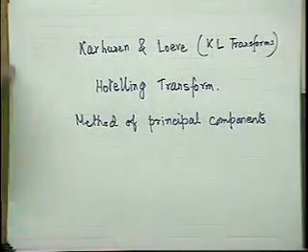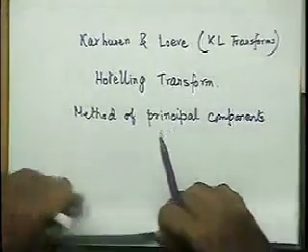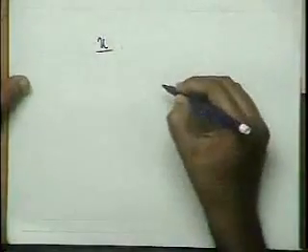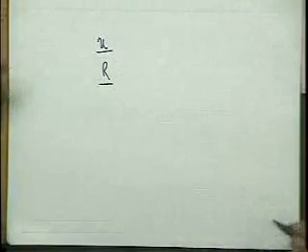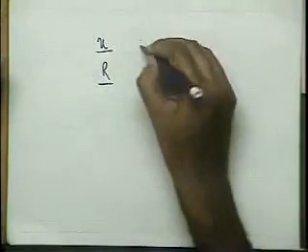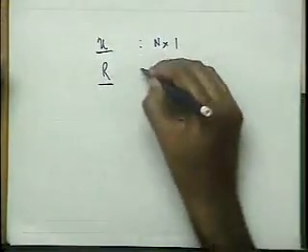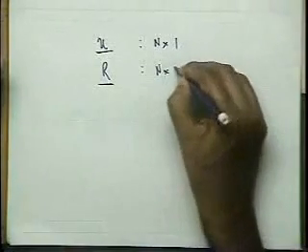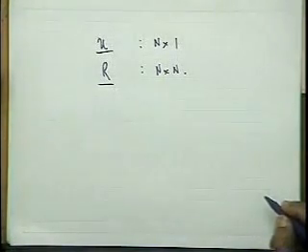Rather, let us just recapitulate what we did last time. Last time we had taken a random vector which we were calling U, and its autocorrelation matrix R. U was a random vector of size n by 1, and R was the autocorrelation matrix of size n by n. We were finding the corresponding eigenvectors phi k.